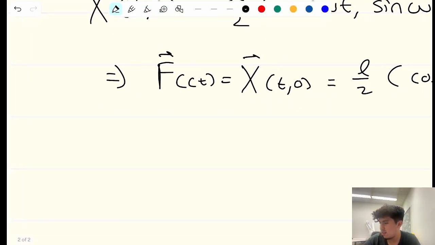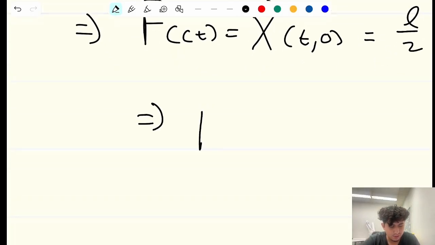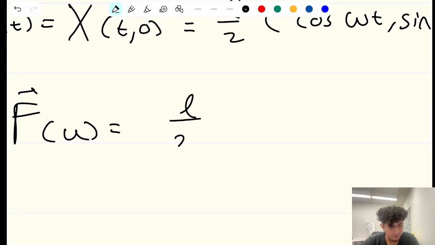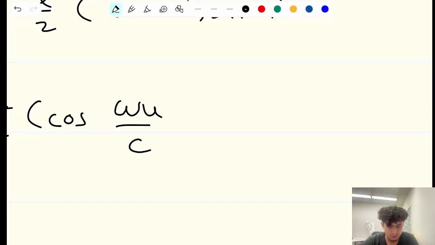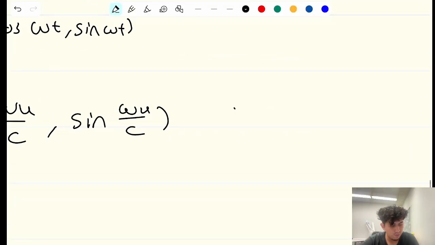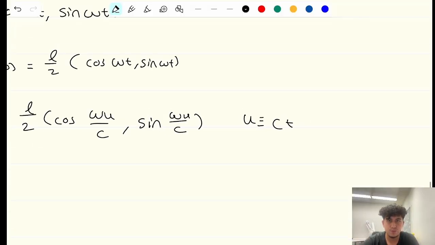And then that's all we need. We can also put this in terms of u. In terms of u, it would be L halves cosine omega t. Then we have omega u c sine omega u c, and here u is just defined to be ct. Cool.